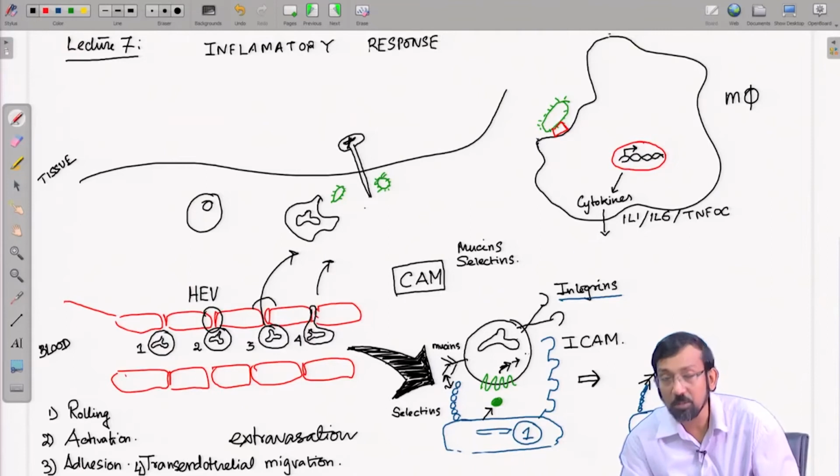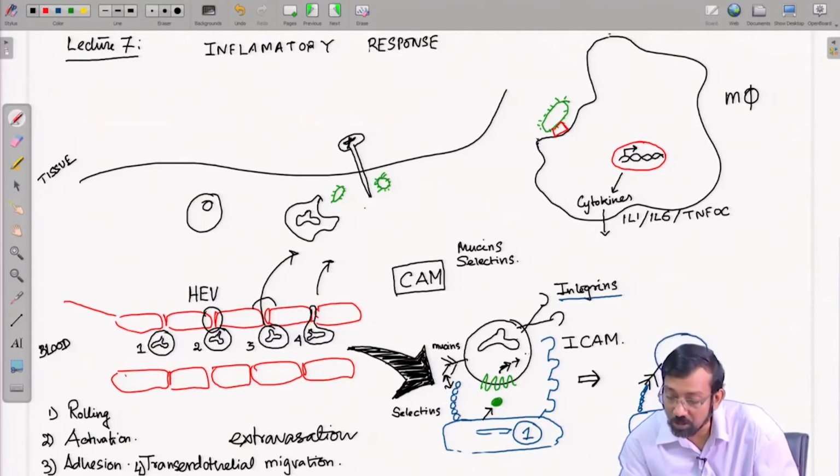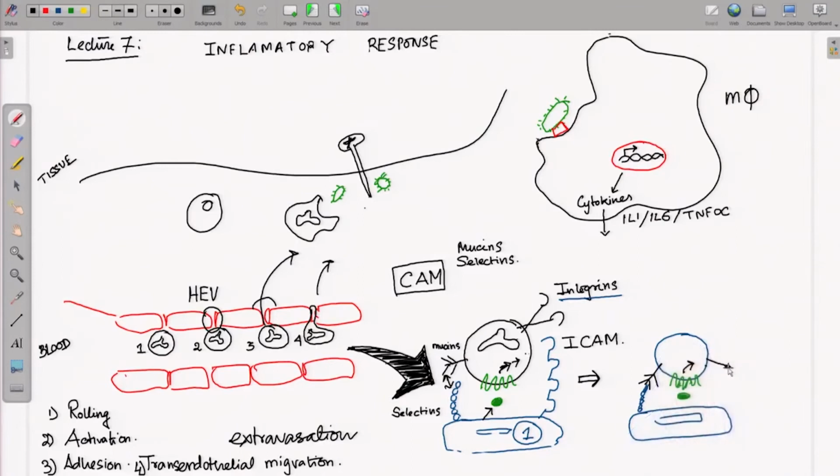So, when there is chemokine binding to the chemokine receptor, that leads to reorganization of the integrins, and this reorganization allows the third step to occur. This is the second step, and then there is activation, and then there is adhesion.